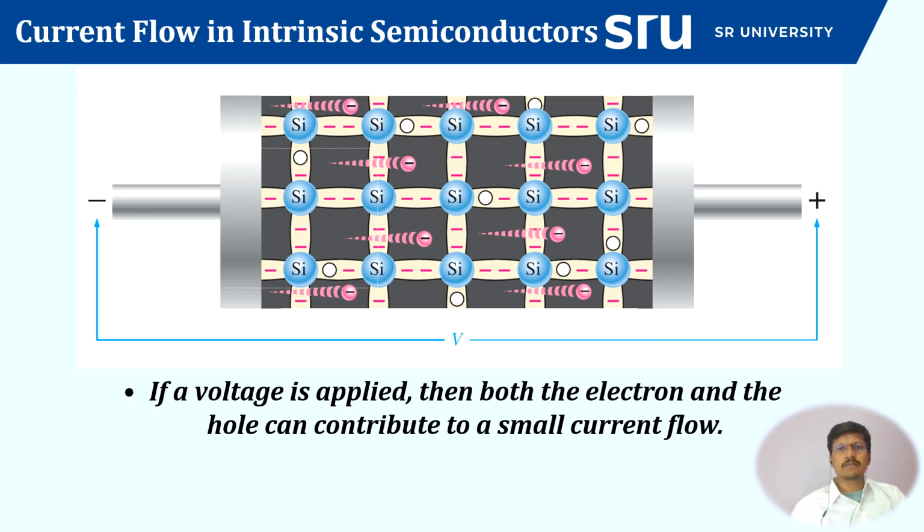You can see here how the current flow takes place in intrinsic semiconductors. This diagram visually explains the movement of electrons and holes within the intrinsic semiconductor. Note that when an electron moves away from its original bond, a hole is left behind. A neighboring electron can move to fill this vacancy, so the hole moves to that electron's position.